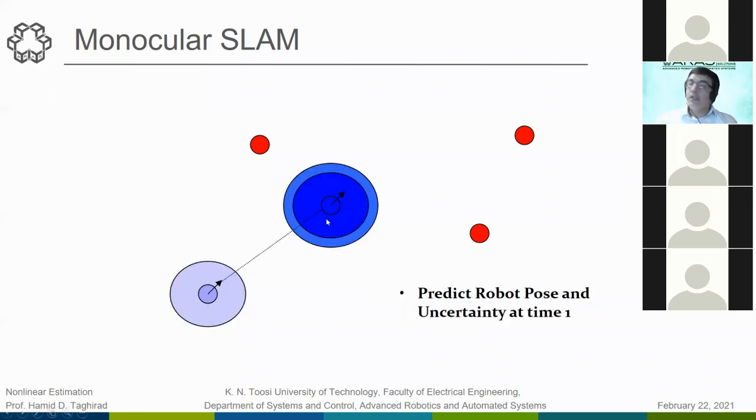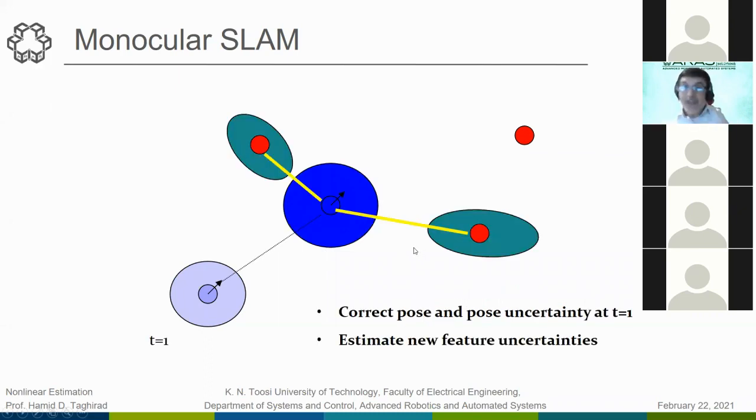You move here, and since your measurements are not good, your uncertainty is enlarging. You don't know where you are. Now you are worse off in terms of information about where you are. But now we can see 2 points or 3 points, as you see here. Okay, I find 2 points, but I don't know where these points are, so we have uncertainty around here as well.